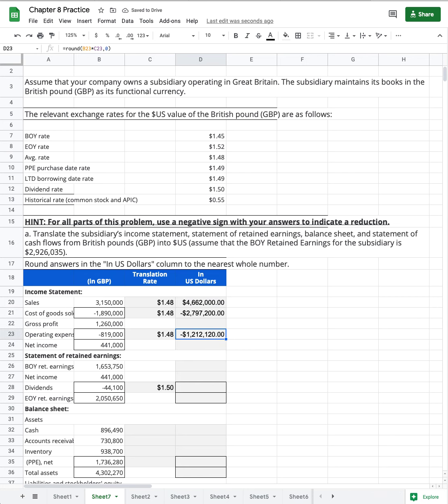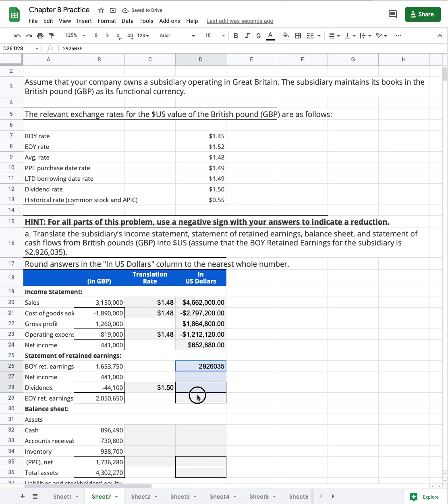So we've translated our sales and cost of goods sold, and then we'll just add our sales and cost of goods sold to get gross profit, and then gross profit and our operating expenses to get net income of $652,680. Then our beginning of year retained earnings was given to us up here, $2,926,035.